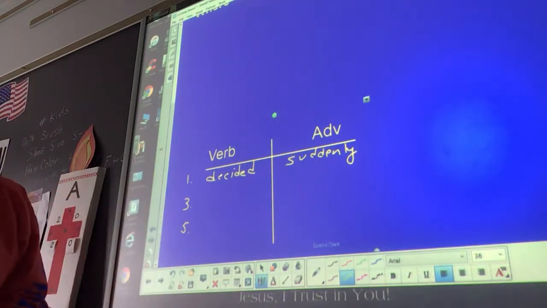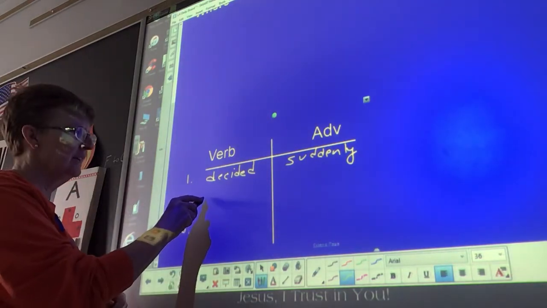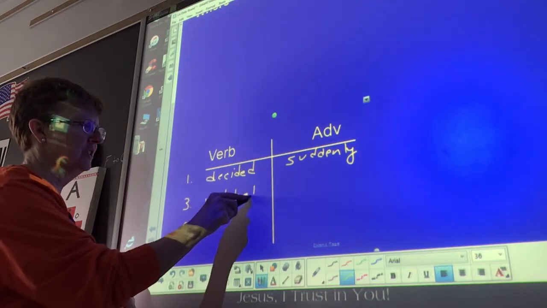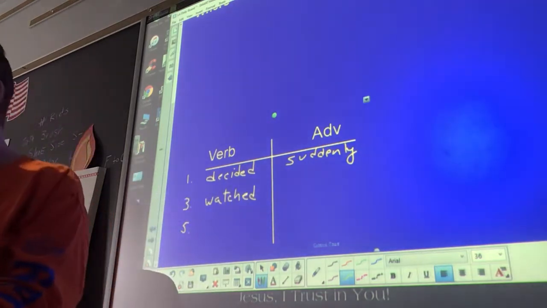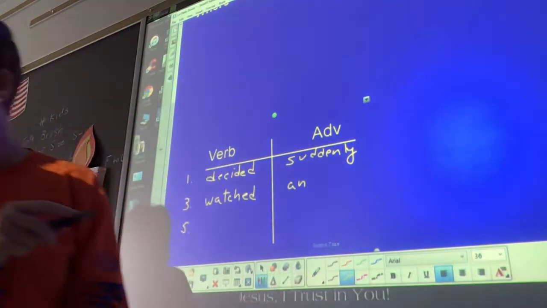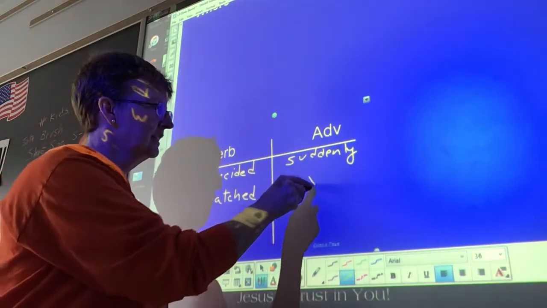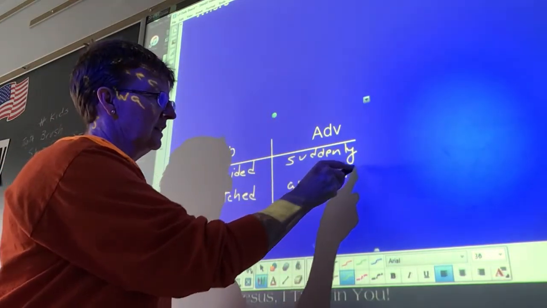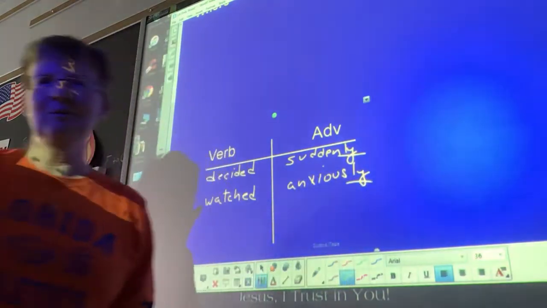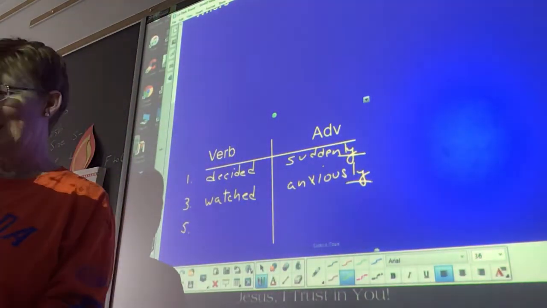So, we're going to use the table. Sandy watched. Well, how did she watch? As the book says, she watched anxiously. A-N-X-I-O-U-S-L-Y. And if you notice, often adverbs end in ly, and you're going to see that pattern.